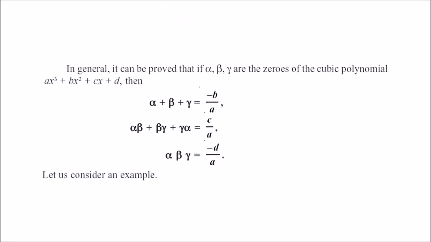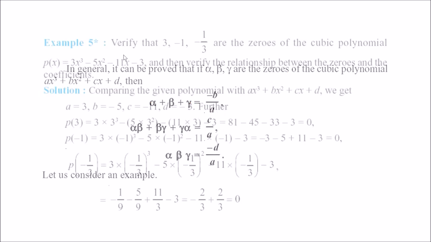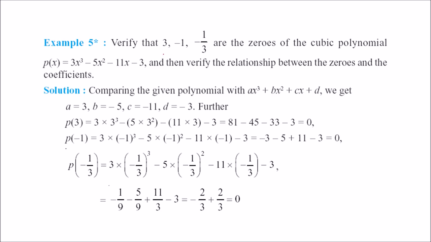So what we have found out by this discussion is, if you have a cubic polynomial of this form, and if alpha, beta and gamma are the zeros, then alpha plus beta plus gamma is minus b by a. Alpha beta, beta gamma, gamma alpha addition is c by a, and the product of these three zeros is minus d by a. Let us verify that these three are the zeros of this.